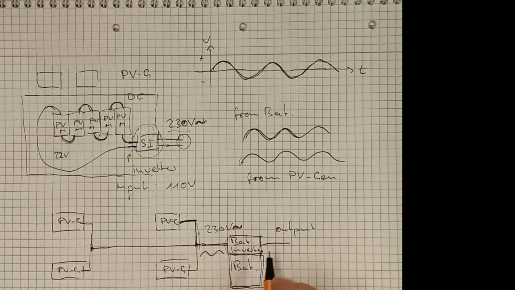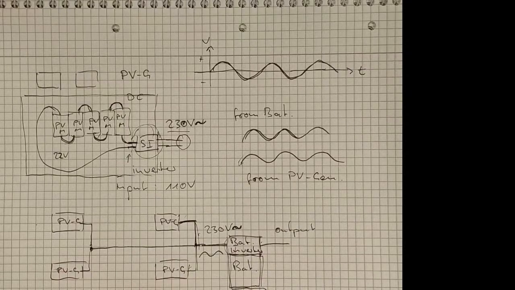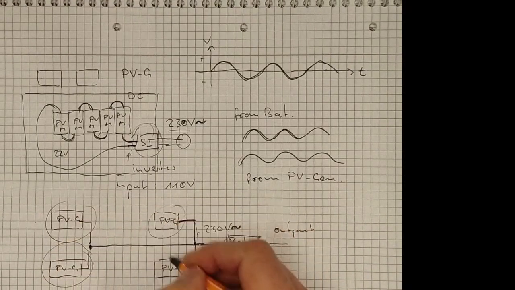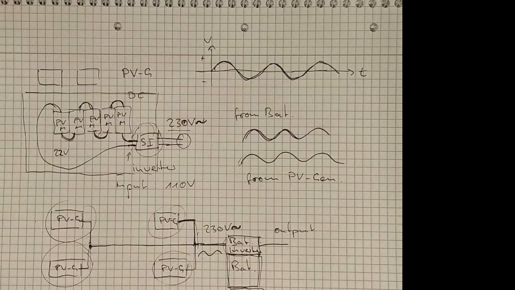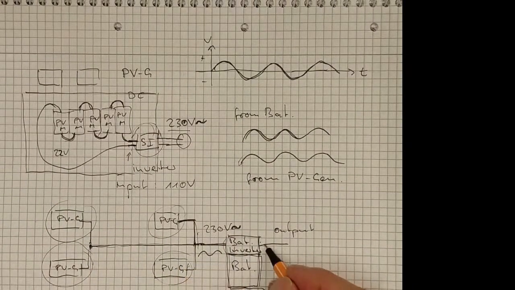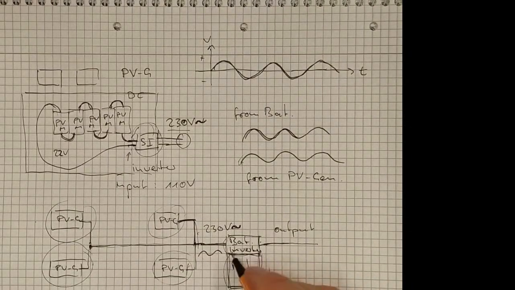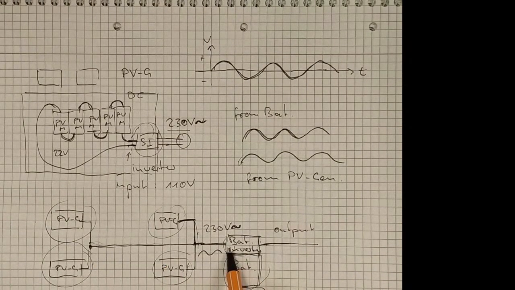to this battery inverter. And this allows you to distribute these photovoltaic generators as island systems and combine them in one mains on your side, right? And then you have here the output, which is then fed by the battery or what is coming from here.